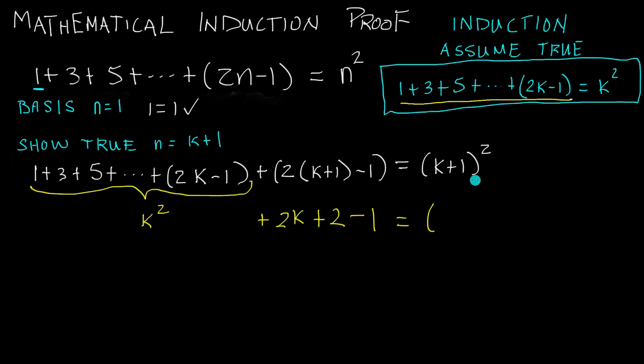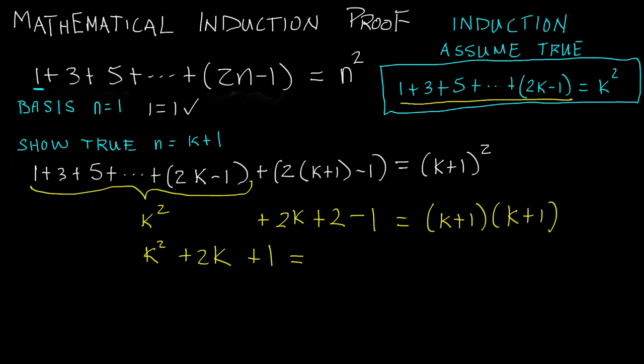And k plus 1 squared is the same thing as k plus 1 times k plus 1. So now we have k squared plus 2k right here plus 2 minus 1, and 2 minus 1 is a positive 1. So on the left-hand side we have k squared plus 2k plus 1. And is that equal to k plus 1 times k plus 1?